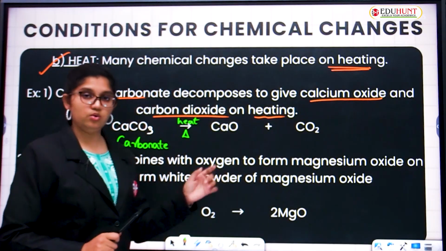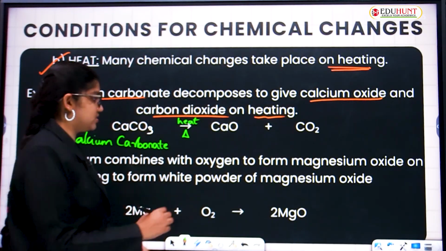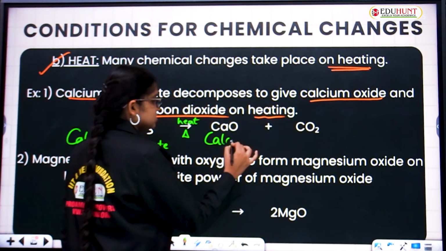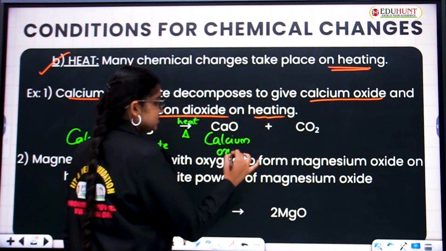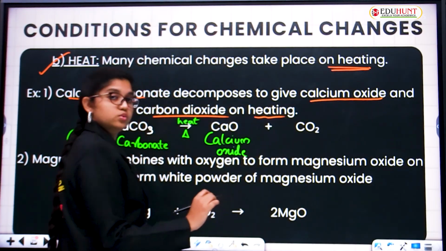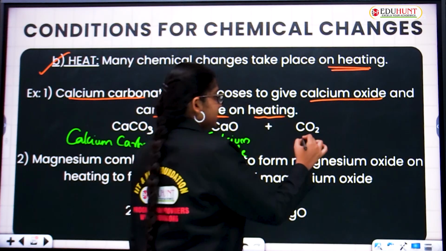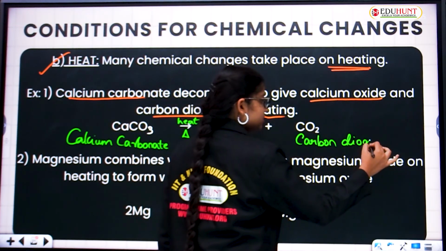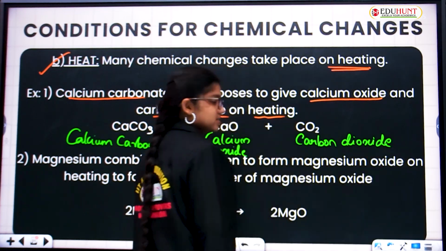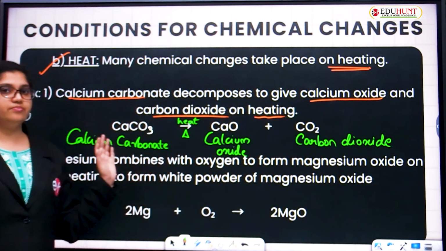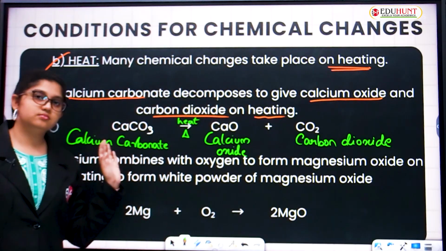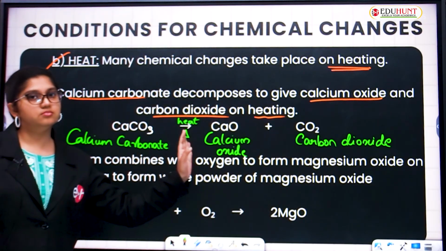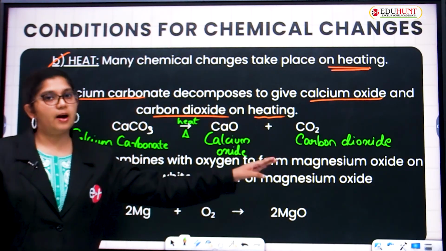CaO is calcium oxide. And CO2 is carbon dioxide. Carbon and O2, that's why dioxide. This is a reaction of calcium carbonate decomposing into calcium oxide and carbon dioxide in the presence of heat.